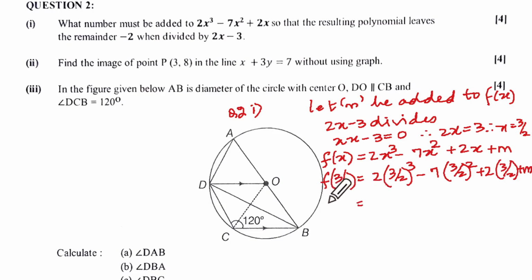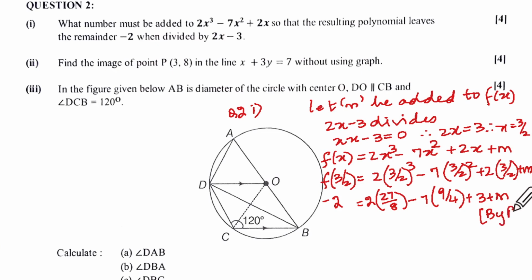Now this remainder we'll write minus 2. Now 2 and 2 got cancelled, and what you'll write over here by remainder theorem.